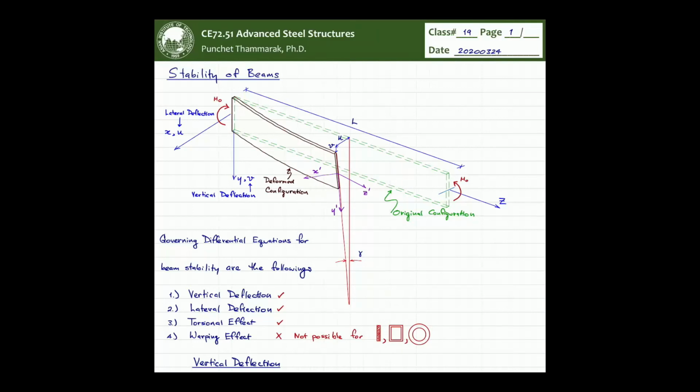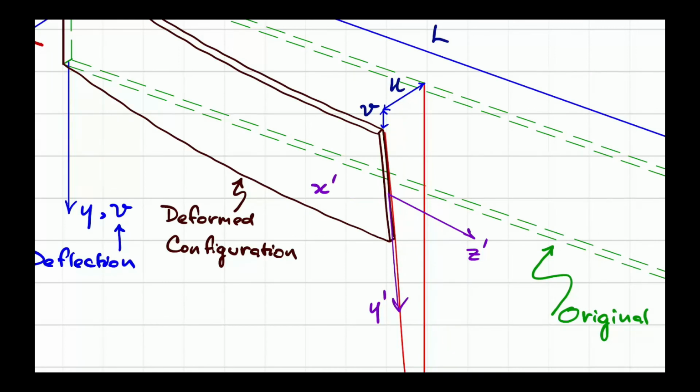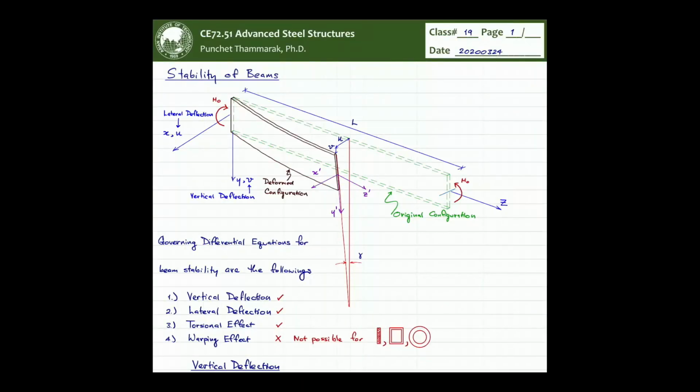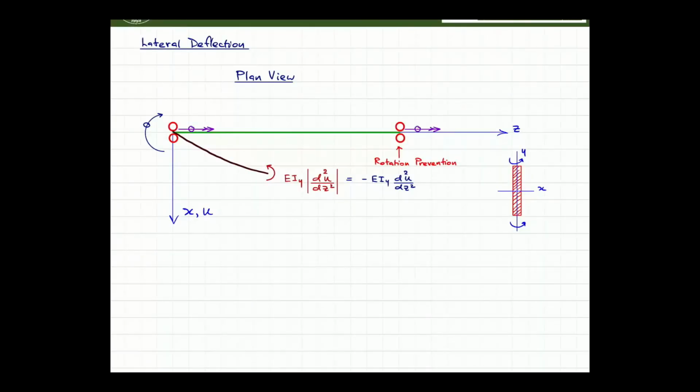The X prime looks not right. It was supposed to go this direction, down. So X prime, Y prime, Z prime, they move just a little bit, and we have the new sets of axes.